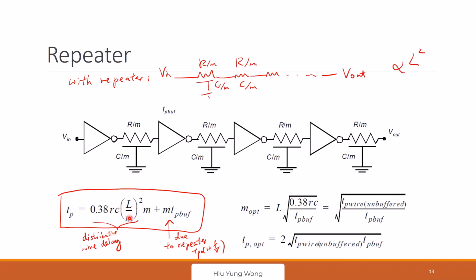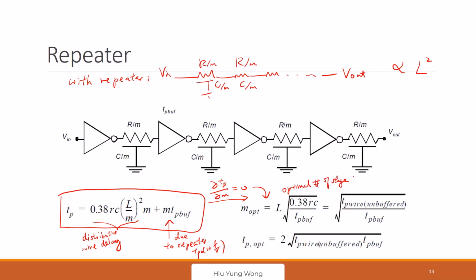If we can make it L divided by M, then that would be great if M is very large, but at the same time, the buffer delay will increase. So what we do is partial TP, partial M equals 0.